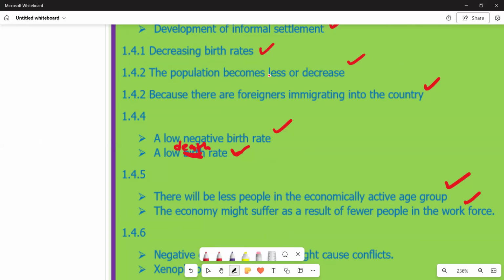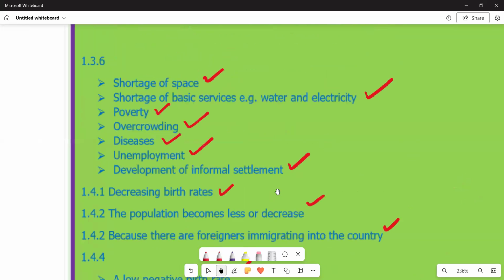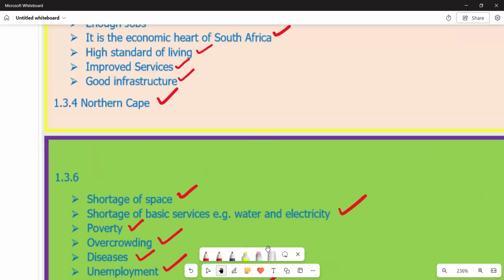Then the second point is talking about people that are actually working, that are on the job, are the ones being referred to by the second point, which says the economy may suffer as a result of fewer people in the workforce. So remember, the workforce, we are talking about those that are actually employed. So we go to the last part of our questions, that is 1.4.6.